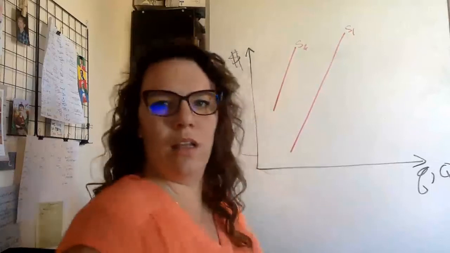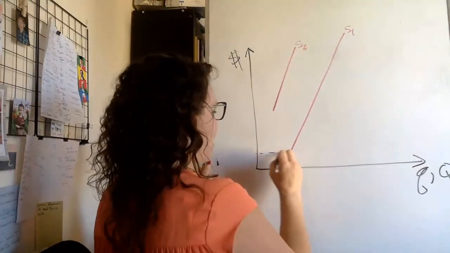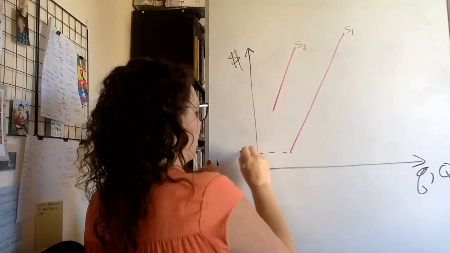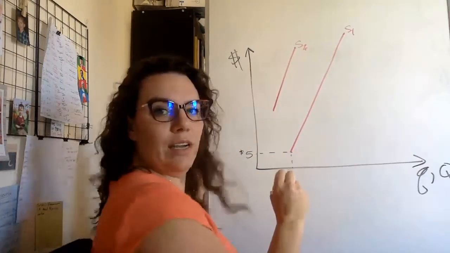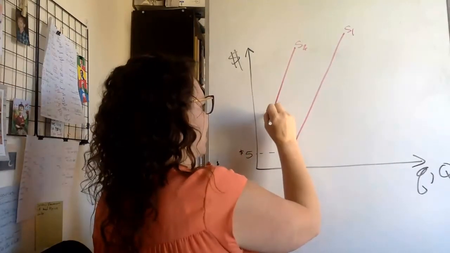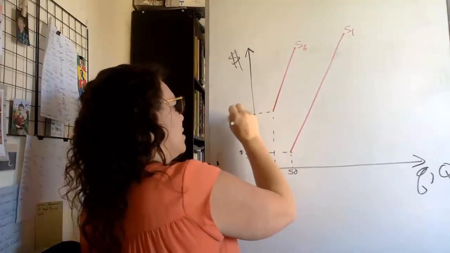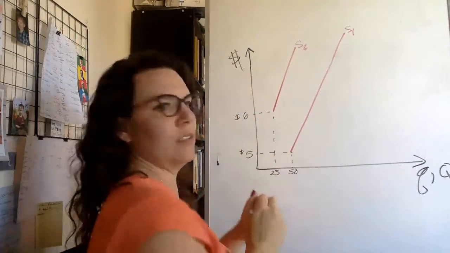S1 starts at a price of $5 and a quantity of 50 units. S2 doesn't enter the market and start producing their 25 units until price hits $6.